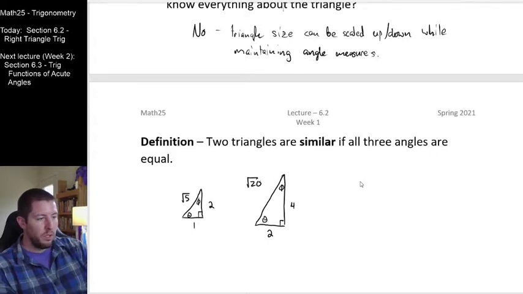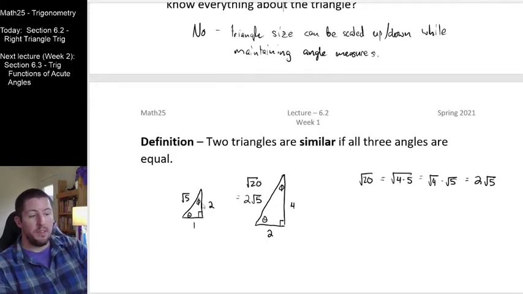And by the way, let's do a little bit of math right here. Square root of 20, I can rewrite this as the square root of 4 times 5, or the square root of 4 times the square root of 5. And that allows me to rewrite this as 2 root 5. Right? And so notice in this similar triangle right here, we have maintained our ratios of side lengths.